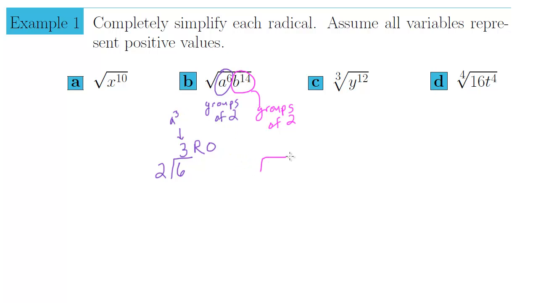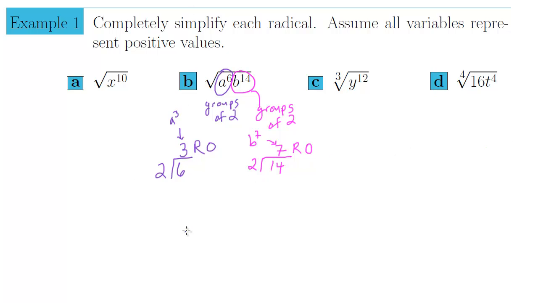I need to break 14 b factors into groups of 2. 2 goes into 14 7 times with no remainder. That means I'm going to have a b to the 7th on the outside, and because there's nothing left after I break my b's into groups of 2, I have no b's on the inside.